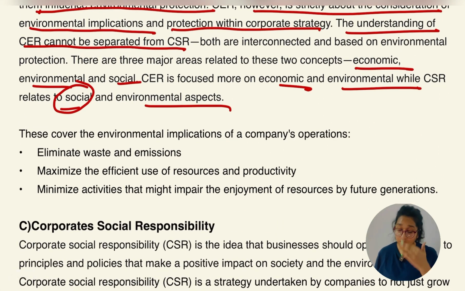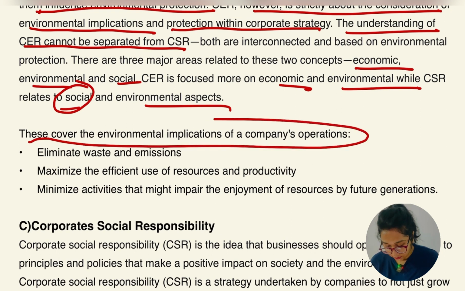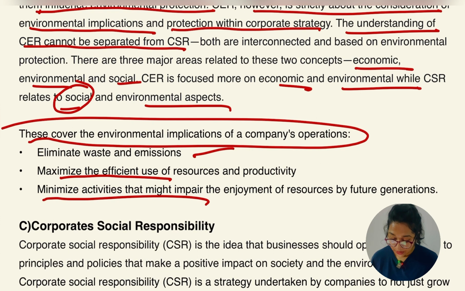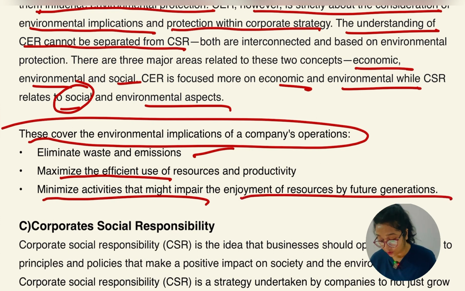Okay, so what are going to be the main points covered in CER? These cover the environmental implications of the company's operation, which is going to eliminate waste and emissions, maximize the efficient use of resources and productivity, and minimize activity that might impair the enjoyment of resources by the future generation.